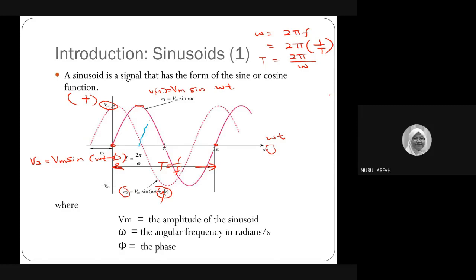So maybe here, start from here, okay, and then this theta 2 is actually here, okay, and you do not need to write down the positive or negative of the phase. You just know that it should start from where, on the right side or the left side.